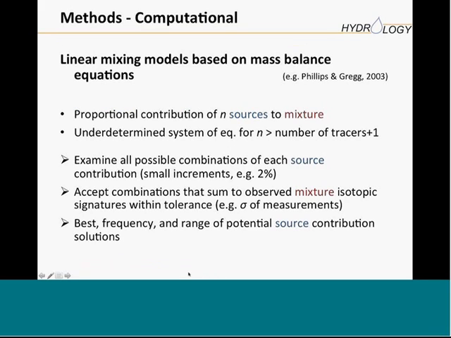Good. We used then a linear mixing model based on mass balance equations, where we had the proportional contribution of n sources to certain mixtures, and more or less then did the calculation to examine all the possible combinations for each source contribution, meaning from different depths, and accept combinations that sum to the observed mixture isotopic signature within a certain tolerance.